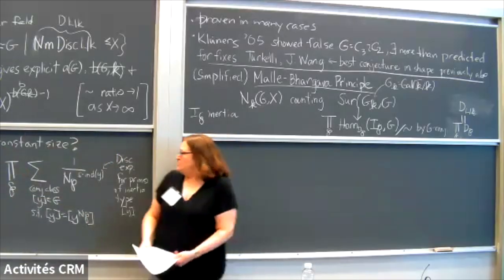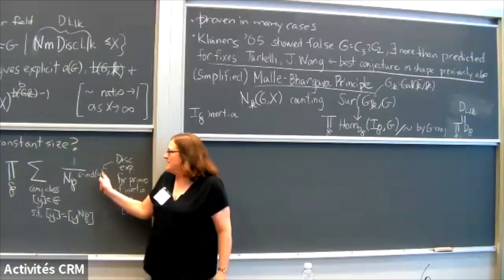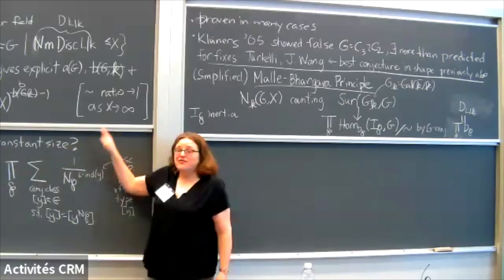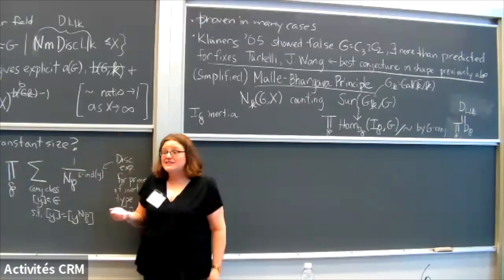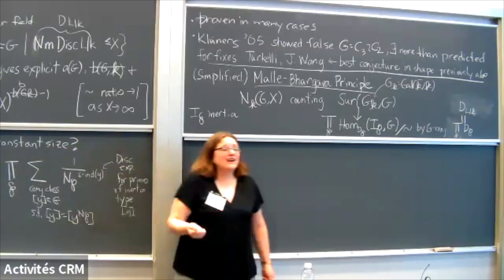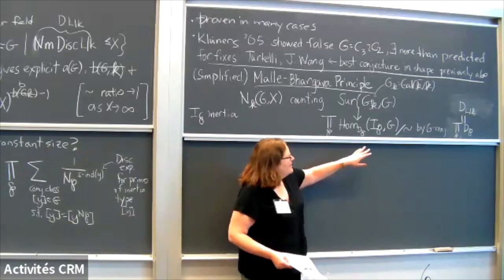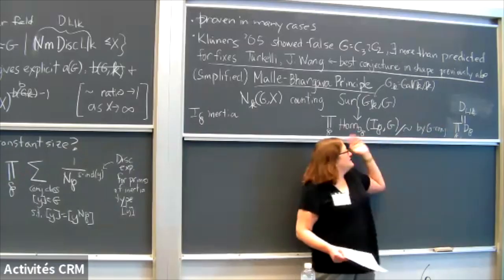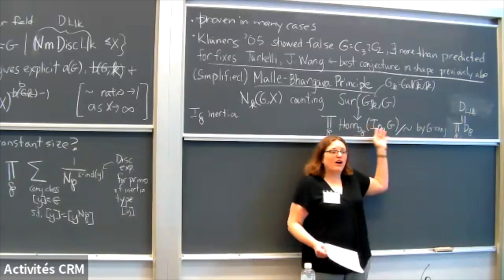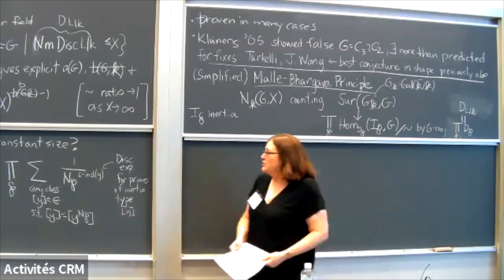Or you also realize how agnostic this whole principle was to the fact that we were counting by discriminant. All that it cared about was that we were counting by something that could be detected by what happened on the local inertia groups.